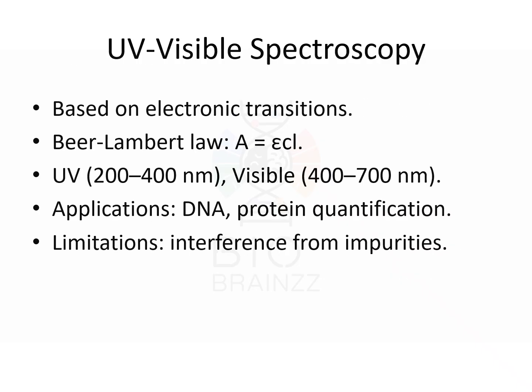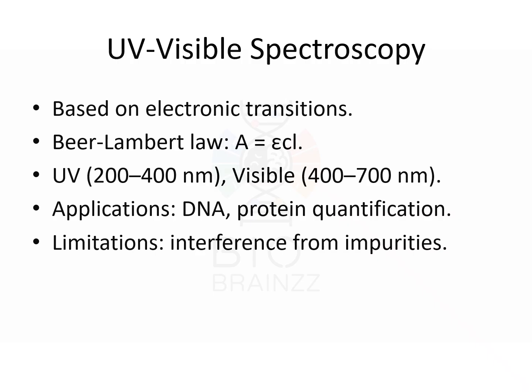UV visible spectroscopy is based on electronic transitions in molecules. When light passes through a sample, some light is absorbed, and this absorption can be measured. It follows the Beer-Lambert law, which says absorbance is proportional to concentration.